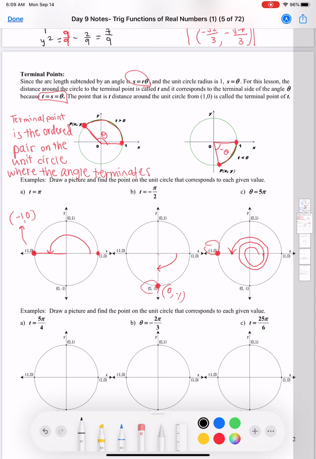So notice that we have 5 pi/4, okay? So what I like to do is I like to split each half of the circle into 4 equal parts.